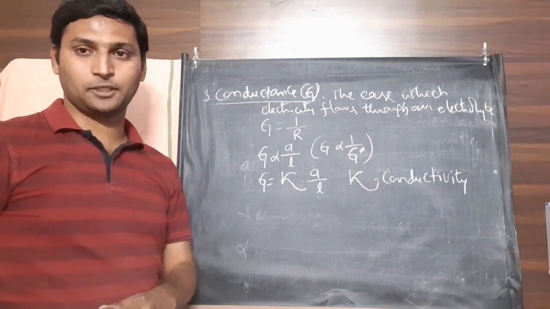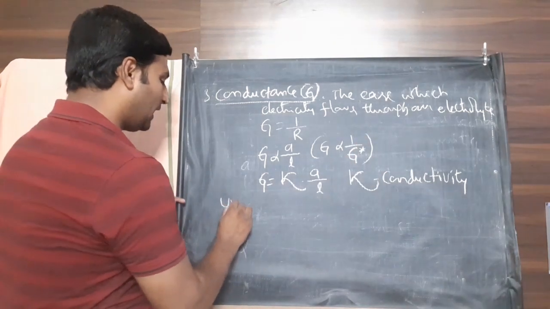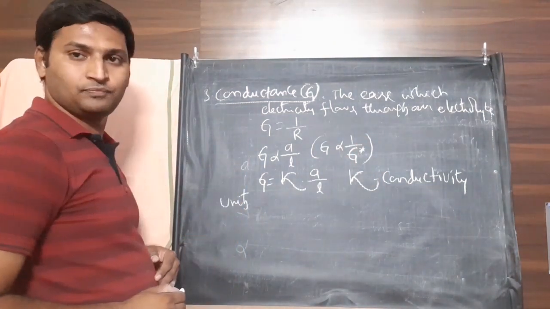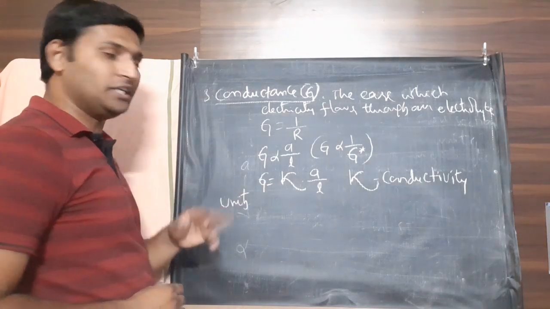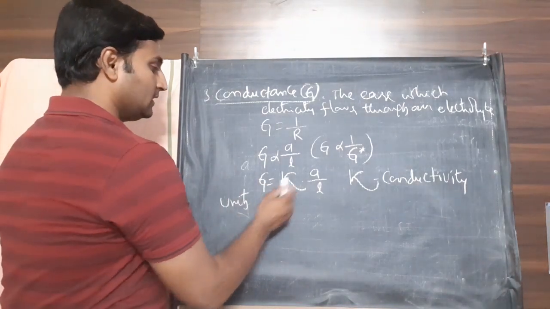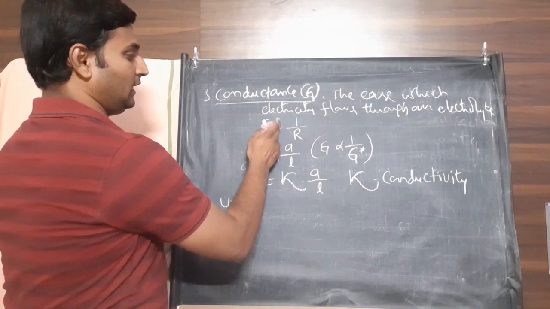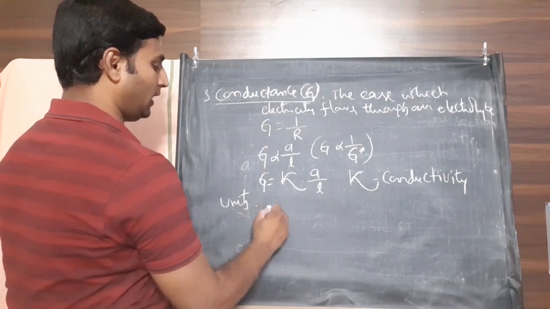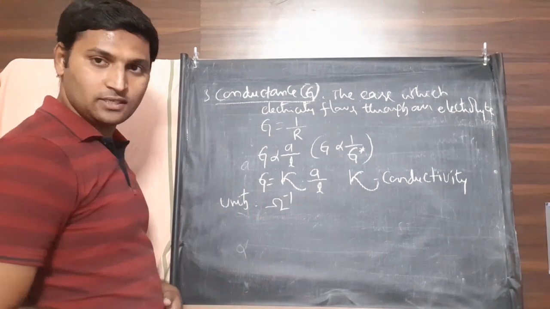Kappa is conductivity. Now, what are the units of conductance? We will go to conductivity later. Since it is the reciprocal of resistance, it can simply be called ohm inverse.